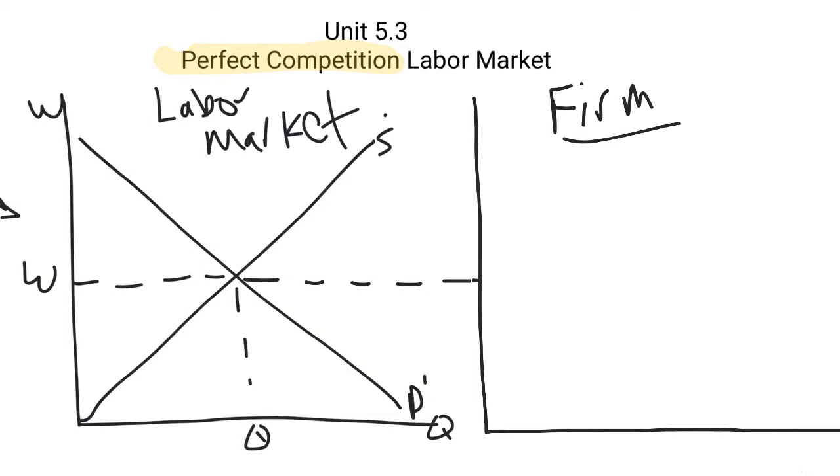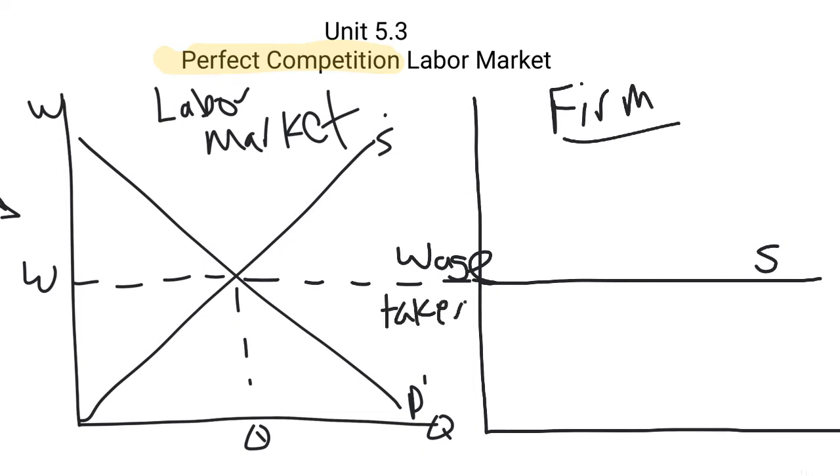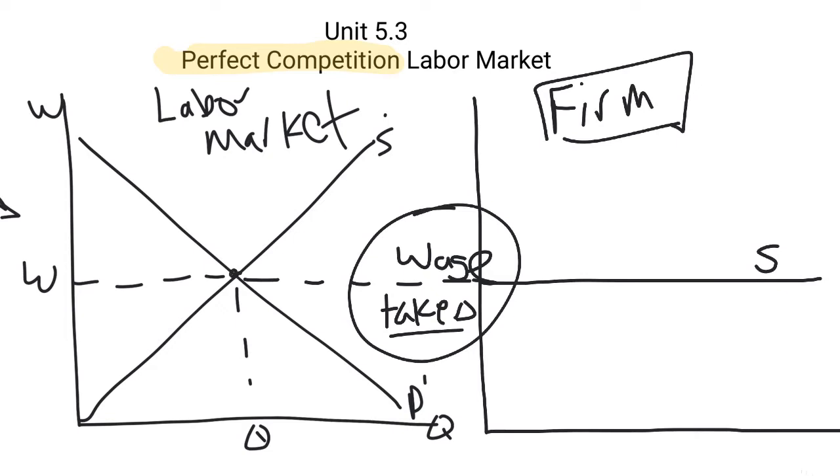We know that this is going to be the supply of workers, and the wage that they get paid is set by the market. So the firms are wage takers. Remember, they can't say, oh, I want to work at a higher wage. No, the wage is already set by the market. And so for the firm, they pay that going wage. They pay this wage right here that was set right here by the market.